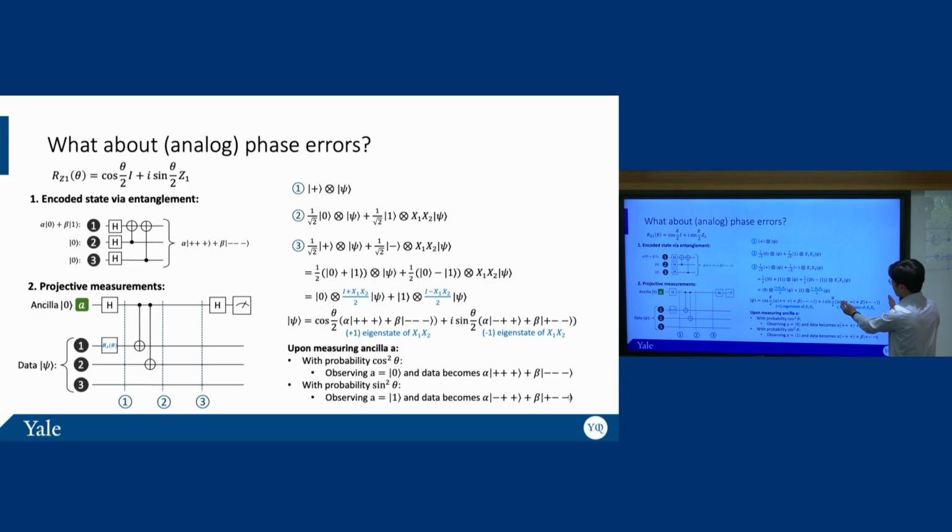But that's okay. This is the single z-flip error that we know how to correct by looking at the different syndrome patterns from the previous slide. So upon measuring 1, we collapse to this single z-flip error state.